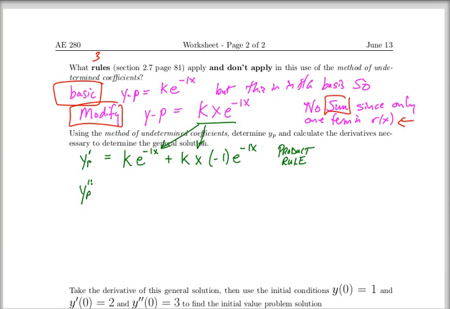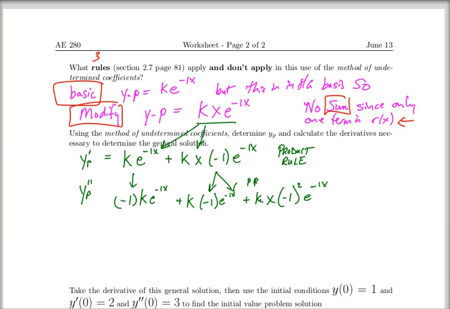Y double prime p, well, this is just going to be minus 1 k e to the minus 1x. This is going to be product rule again, 2 terms. And this is going to be k times minus 1 e to the minus 1x plus k x minus 1 squared e to the minus 1x.